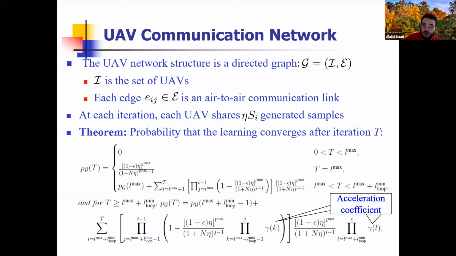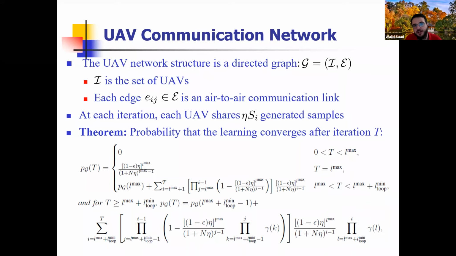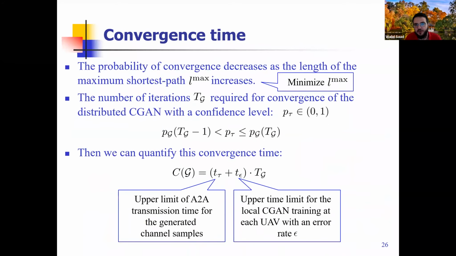Now, the question was, once you characterize this, can you find the optimal graph structure that minimizes the convergence time? Essentially, that's where I'm trying to head towards. So the probability of convergence, again, I mentioned it, decreases as the length of the shortest path increases. So I want to try to minimize the maximum shortest path.